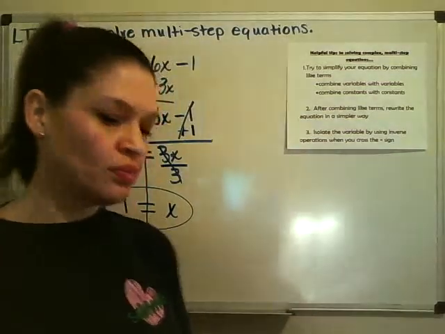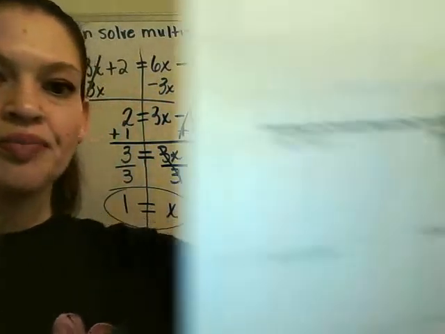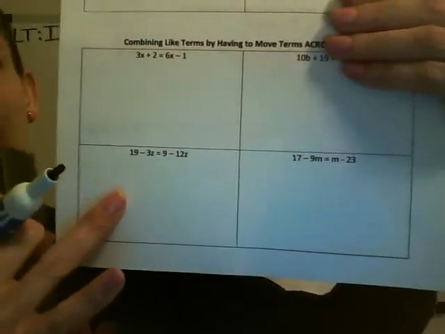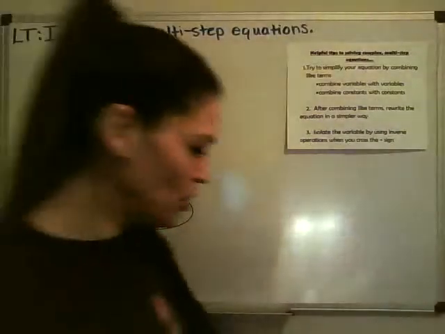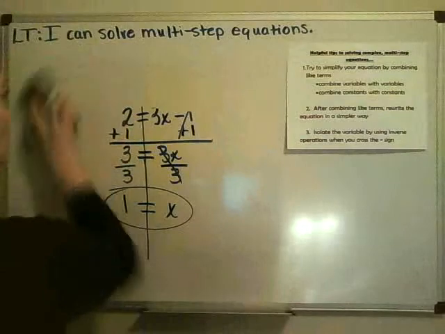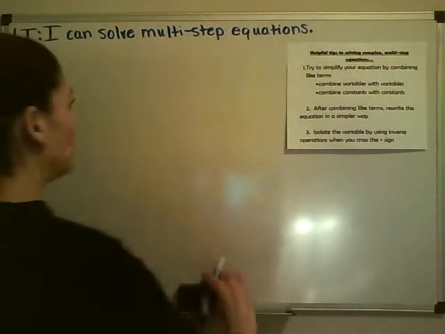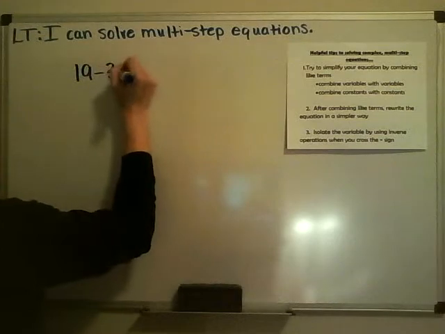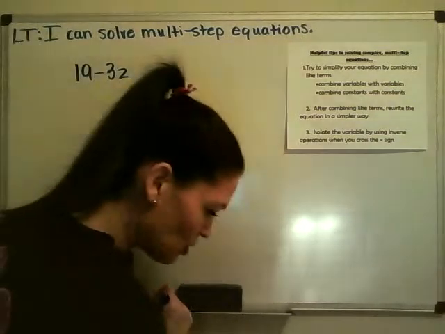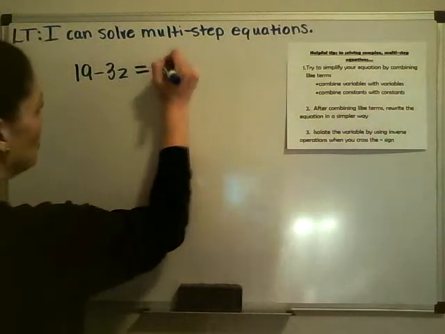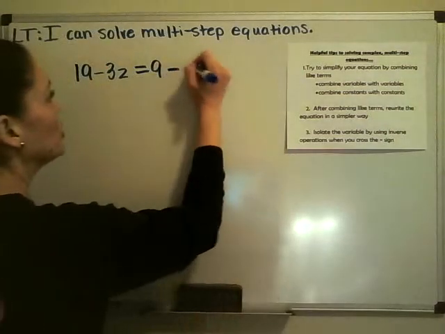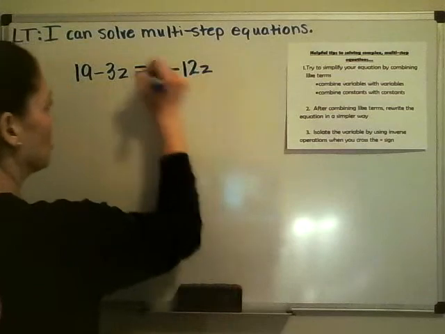So let's try 19 minus 3z equals 9 minus 12z.